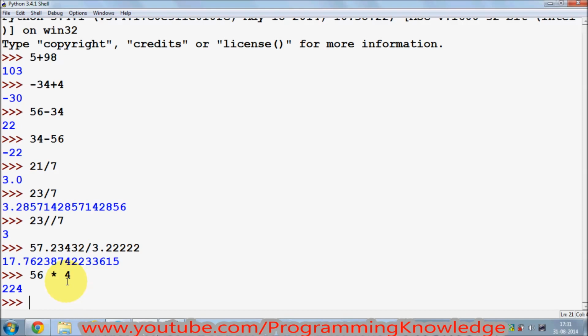Okay, now for example, you want to get the exponent of some number. What is an exponent? Exponent is something like, for example, 2 exponent 3 is 2 multiplied by 2 multiplied by 2. Okay, so 2 into 2 into 2, this is the exponent.